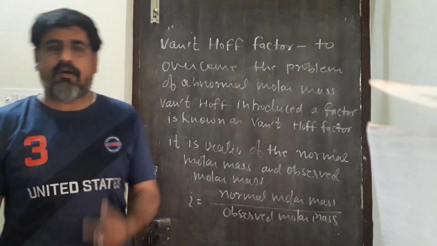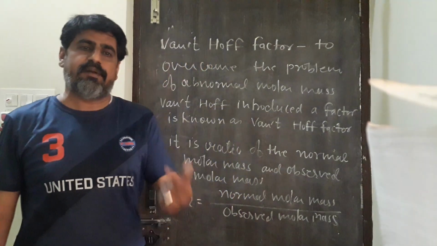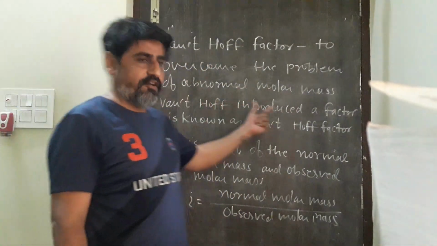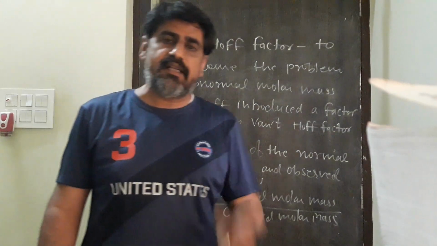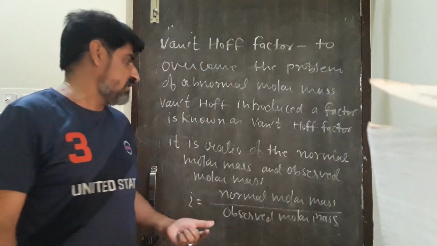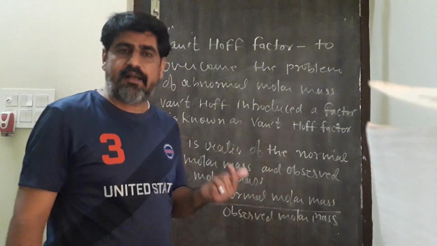To overcome the problem of abnormal molar mass, Van't Hoff introduced a factor, which is known as the Van't Hoff factor. It is denoted by i, and it is the ratio of the normal molar mass upon the observed molar mass.